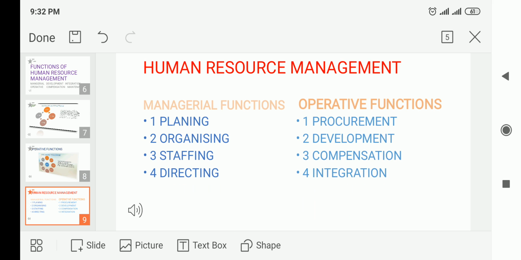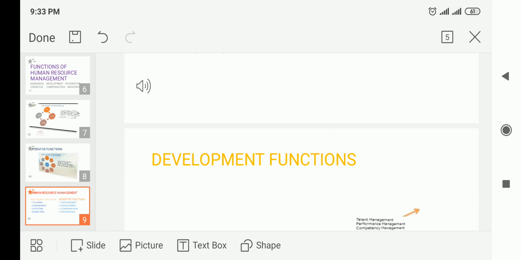Give the content of managerial functions. Question number 7. Are you writing? Question number 7. Give the content of operative functions.